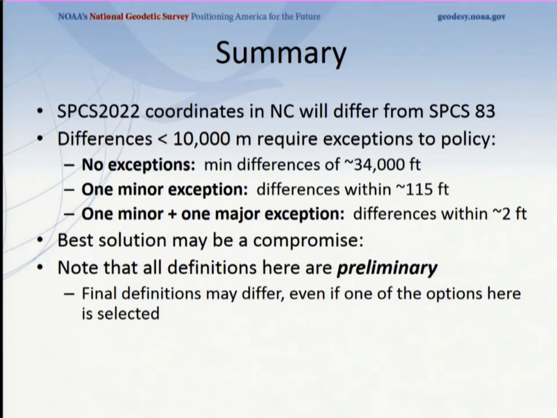If we ask for one minor exception, the change will be around 115 feet. And if we do one minor and one major exception, we can get it down to 2 feet. More than likely, the National Geodetic Survey might accept one exception. More than one is probably going to be out of the question. So that's why I'm going up next week to sit down with Michael Dennis and talk about what our options are here in North Carolina and come up with recommendations, which I think can be the best solution for us here in North Carolina.